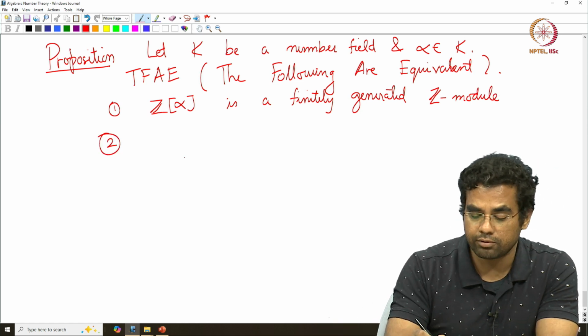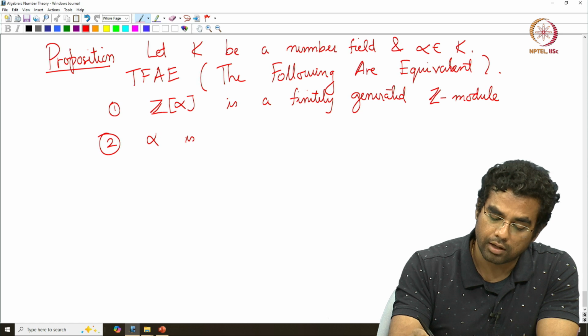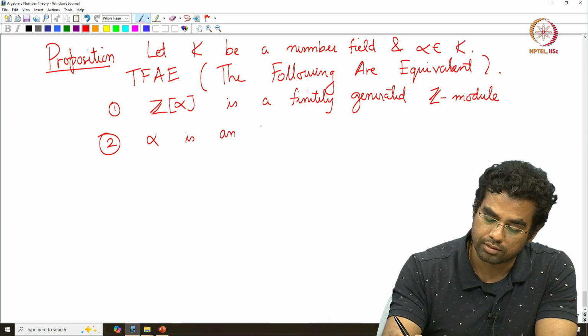This statement is equivalent to: alpha is an algebraic integer.